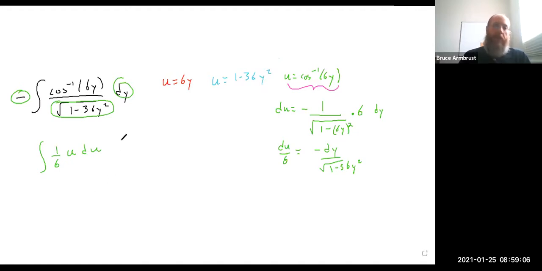So hopefully this at least shows you my thought process when I'm trying to decide what u substitution to do. But like I said, you've got to be okay with picking the wrong one and then backtracking and trying something new, because it's going to happen.